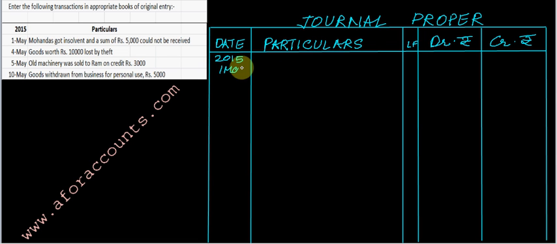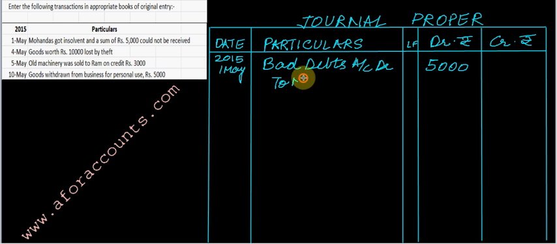So 1st May, Mohandas got insolvent and a sum of rupees 5,000 could not be received. So this is my bad debts. Bad debts is my expense. So bad debts account debit 5,000, to Mohandas.